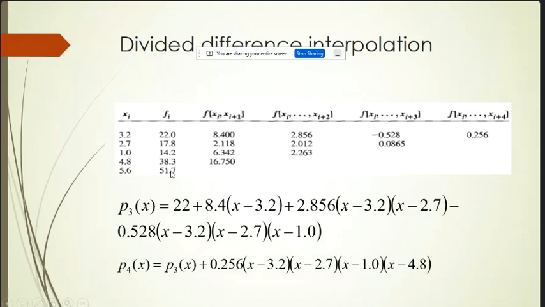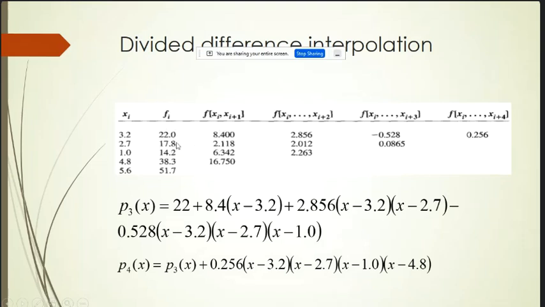For example, here in the next slide, we have 5 points, xi: 3.2, 2.7, 1, 4.8, and 5.6. And the values of f you can see in the second column of this table.